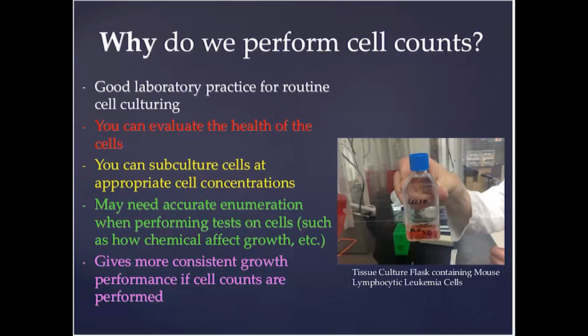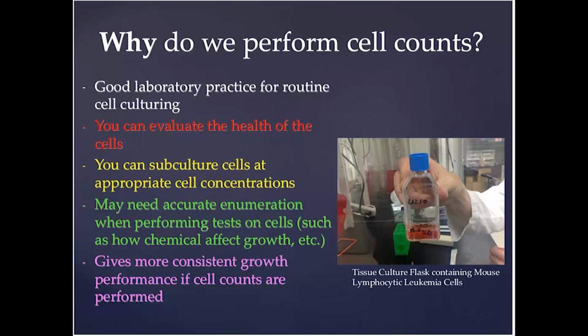We may need to do accurate enumerations of cell counts, especially if we're performing some tests on cells. Picture you're culturing maybe some cancer cells, and you're trying to test to see if a chemical has an effect on the growth of the cells. As you may know, cancer cells have unlimited or unchecked growth, and so they will continue to multiply and multiply without any kind of check in place.